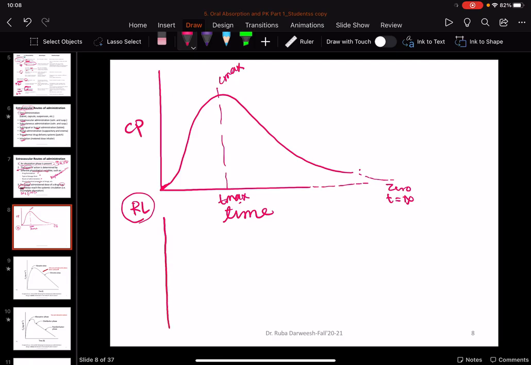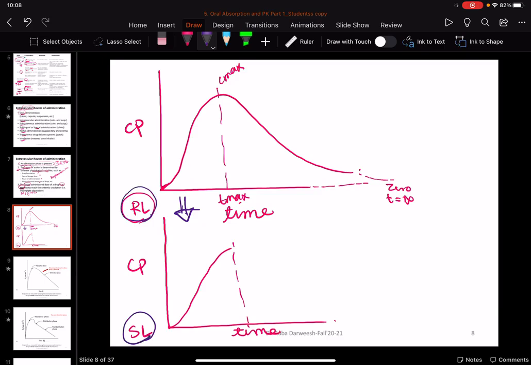Okay, if you change it to a semilog profile, concentration versus time, you will have this until you reach C max. So if I change this to a semilog profile rather than a rectilinear profile, you will have this profile. After C max or T max, you will have a linear profile that is representing what?